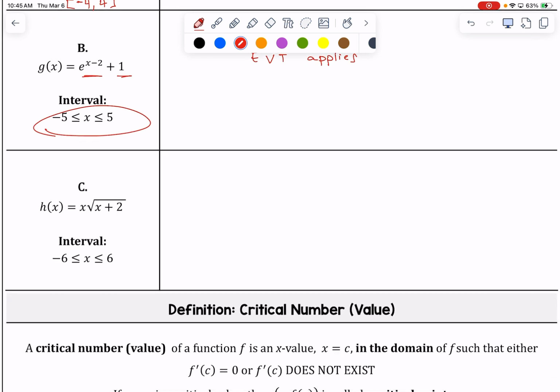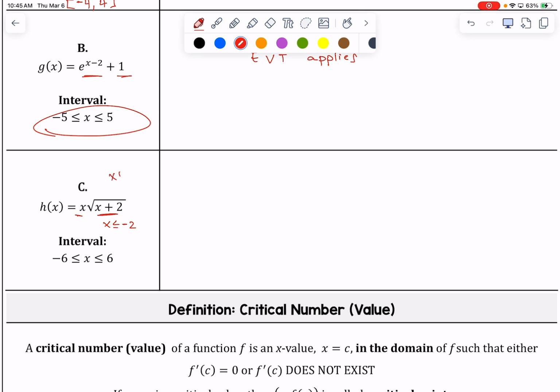What about the next one? Shooting star times a regular one. Where's the shooting star not going to be? Anything less than negative 2 here is going to be a problem, isn't it? Because that would give you a negative underneath the root, and you want what's underneath the root to be positive. How did I find that?